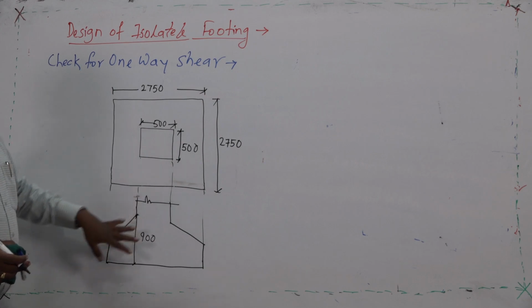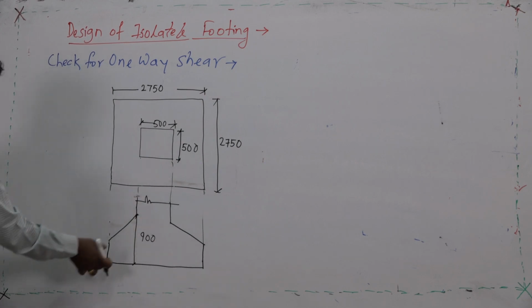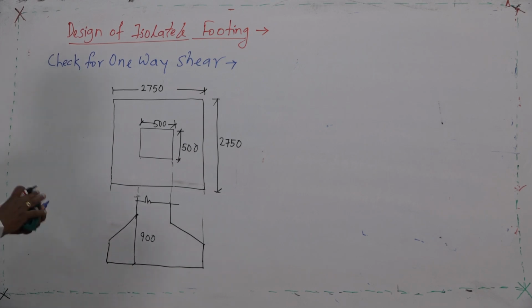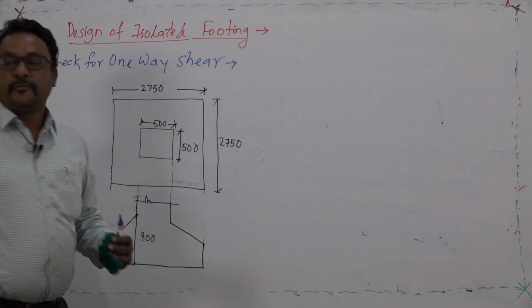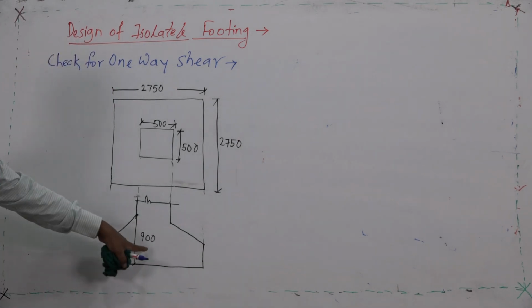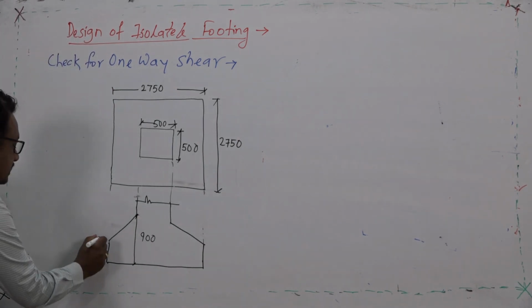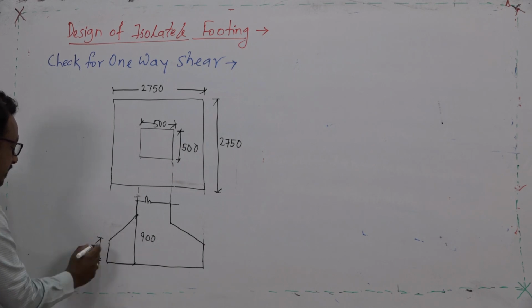Now, the first task is to assume the side depth, and as per the earlier discussion the criterion is that it should be minimum 150 mm. In this case the overall depth is 900, so we will consider this as more than 150, so we will consider this as 300 millimeter.